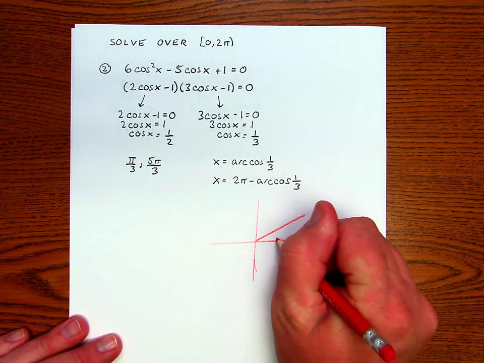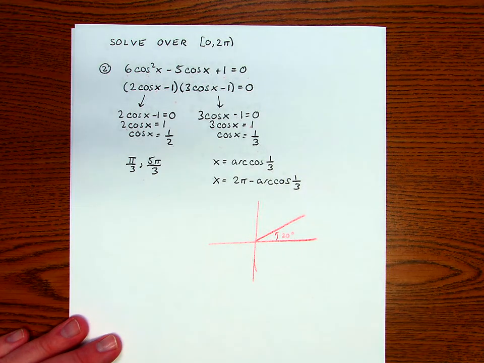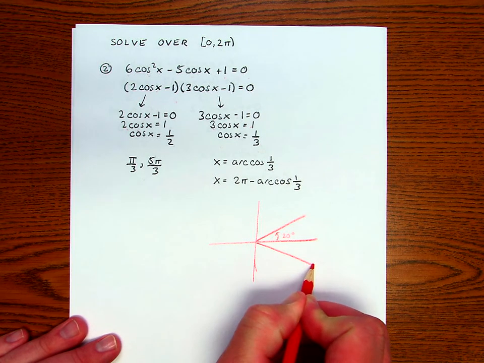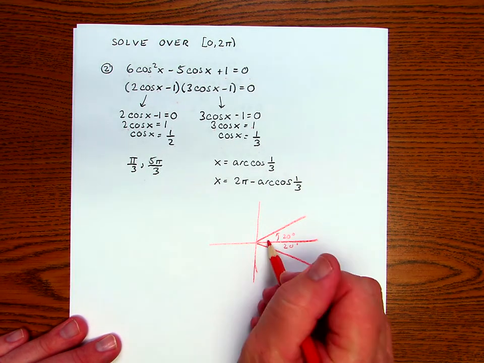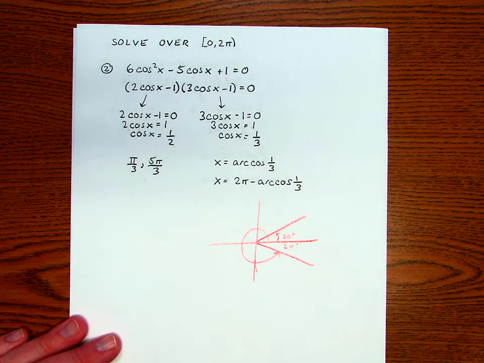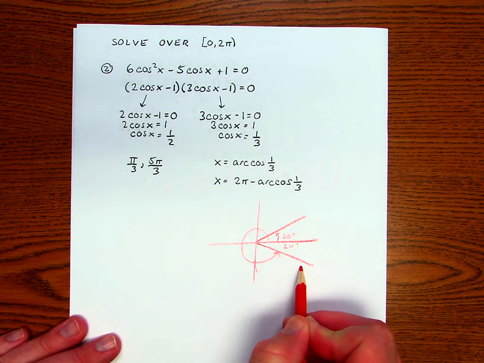Let's just assume for a moment that it's a nice clean answer like 20 degrees. What would the other solution be? Well, cosine is also positive in the fourth quadrant. It has to have the same reference angle of 20 degrees. So rotating in the 0 to 360 direction, it would be 340 degrees, or in other words, 360 minus 20.